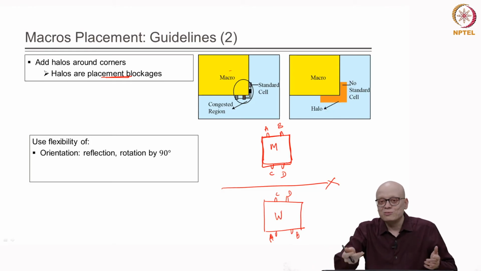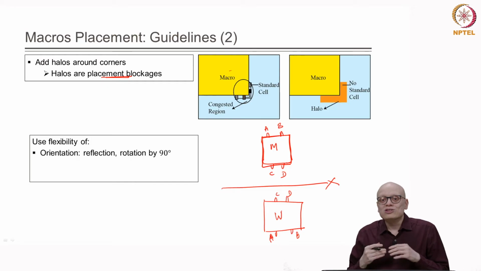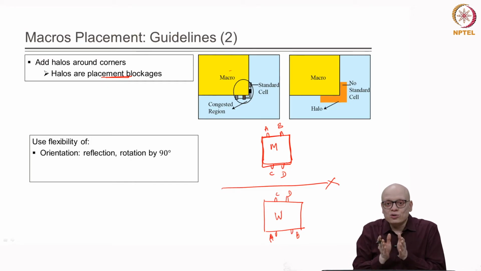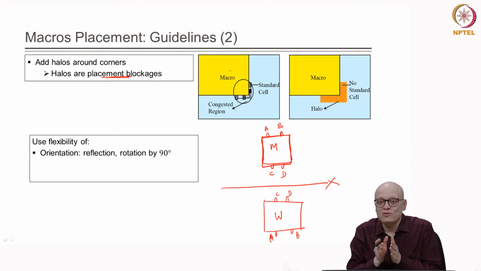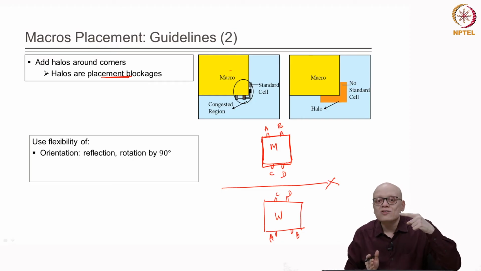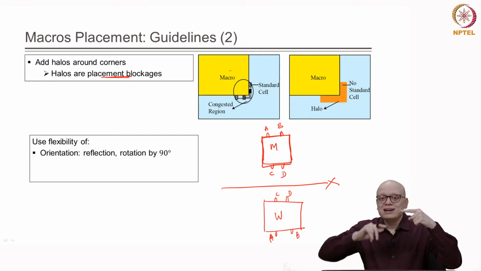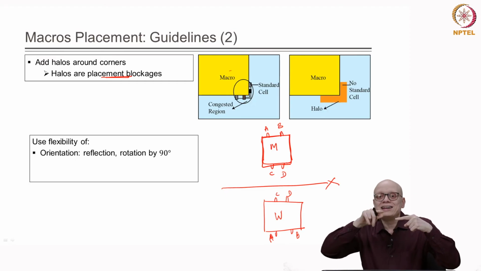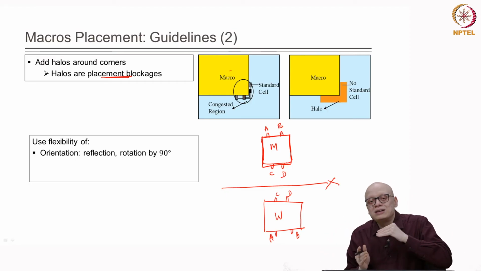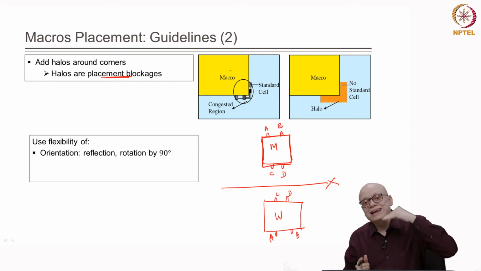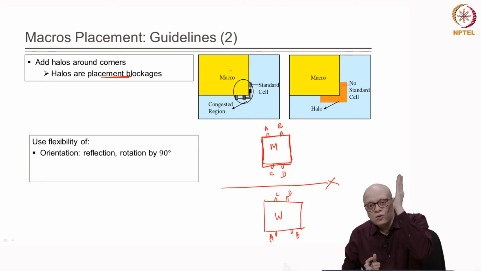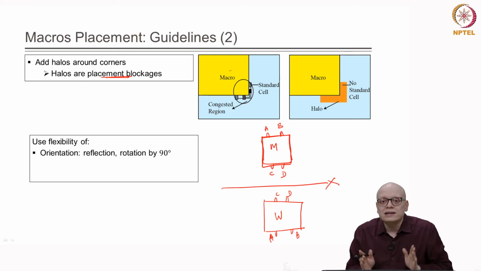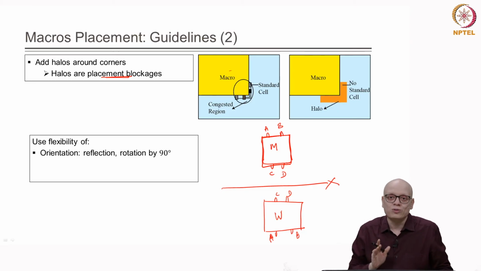So, this M will become W, because of rotation. So, given a macro or an object, we can try out all 8 combinations of orientation that are possible by rotating the object by 90 degrees clockwise or anti-clockwise, or we can try out the reflection along the x axis or reflection along the y axis, and therefore we will get 8 different orientations and we can choose the proper orientation.